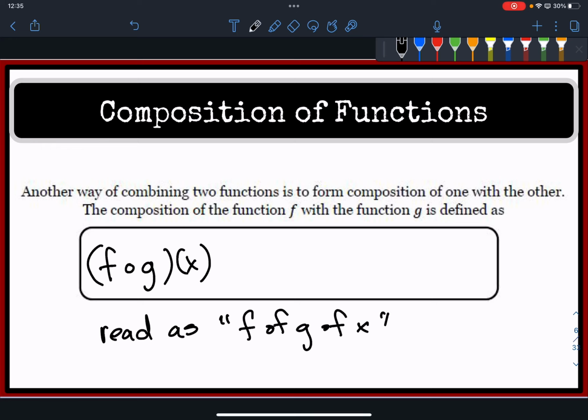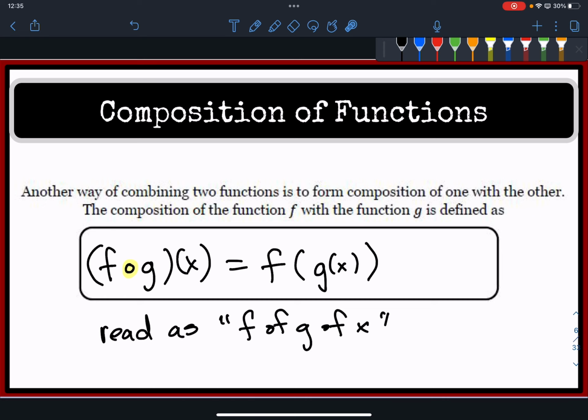And what this operator right here does, this little open circle looking thing, it tells us that we are composing one function into the other, specifically composing g into f, which means that we're simply substituting the function g into the function f.